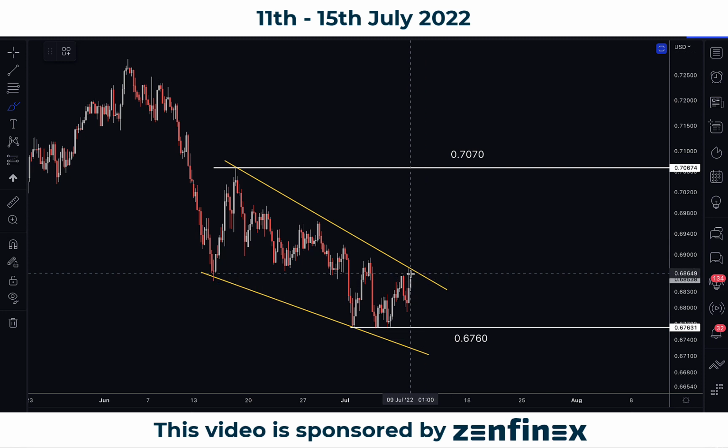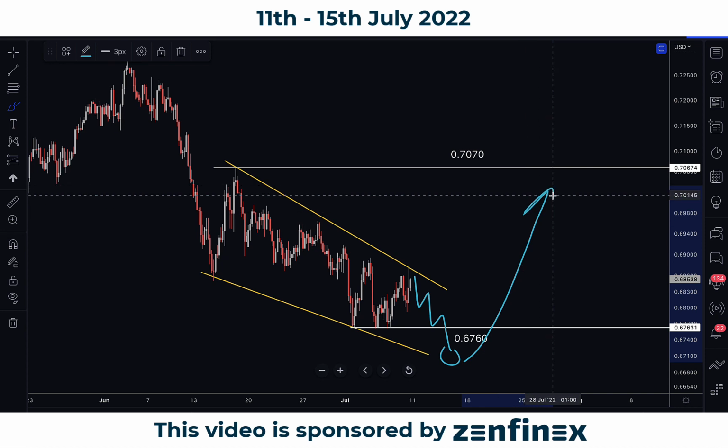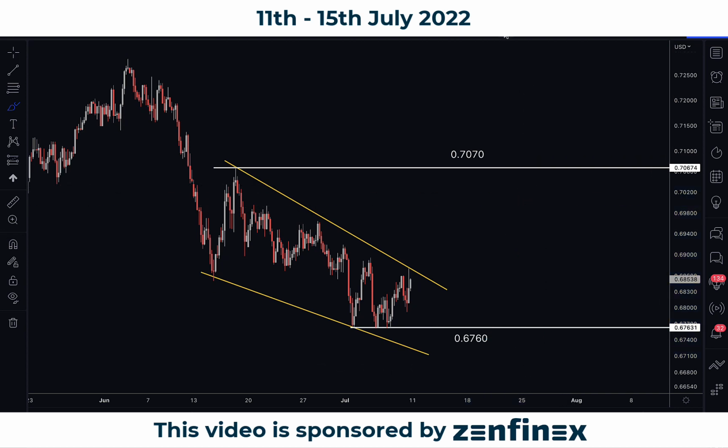So for the Aussie dollar over here, one possibility we can see is the market comes back down, breaks through that 0.6760, and retests the bottom of this trend line before that bigger move to the upside. Alternatively, we can see this as a potential double bottom and the market breaks above starting next week. In either case, my primary focus is going to be a buy opportunity.